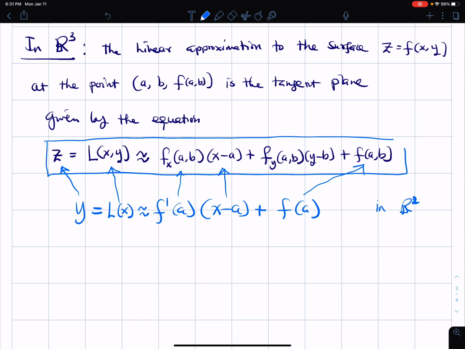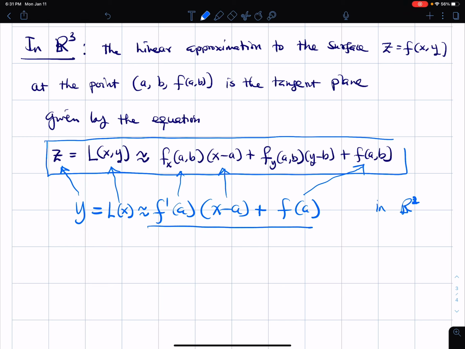Okay, so if you remember in Calc 1, you're always being told, find the equation of the tangent line at a point. You use that equation to find the linearization of that function, and that linearization is this.